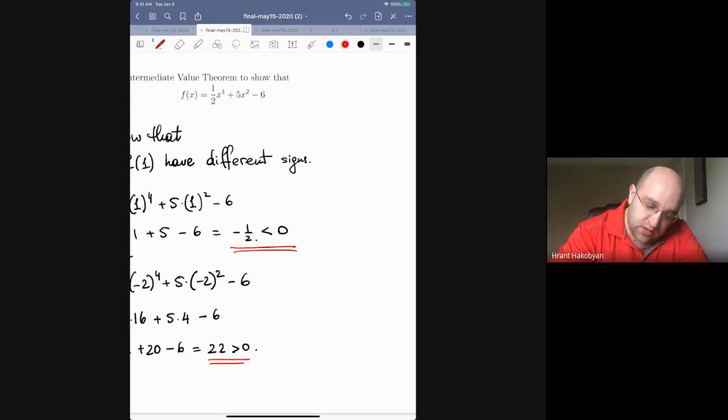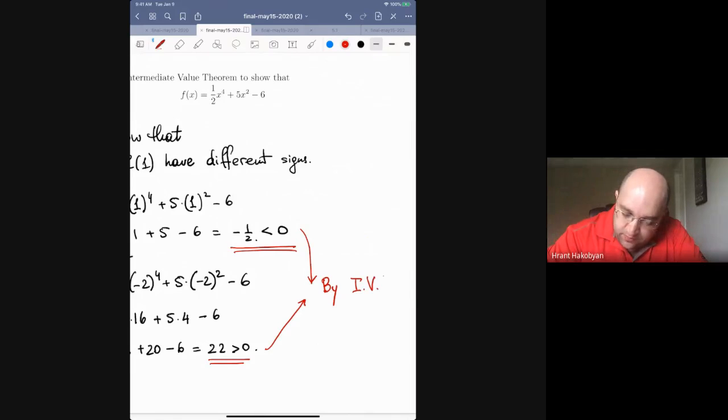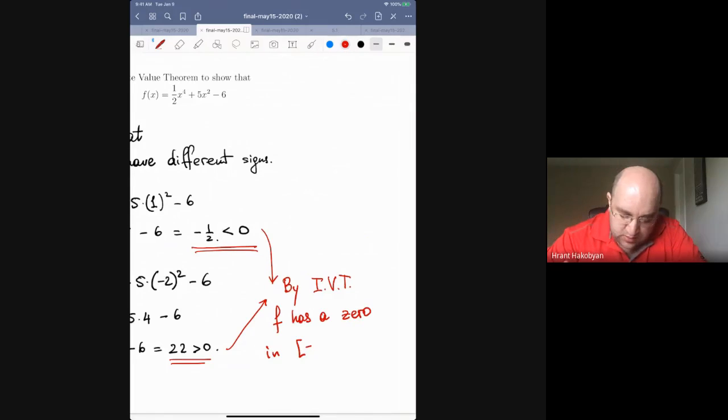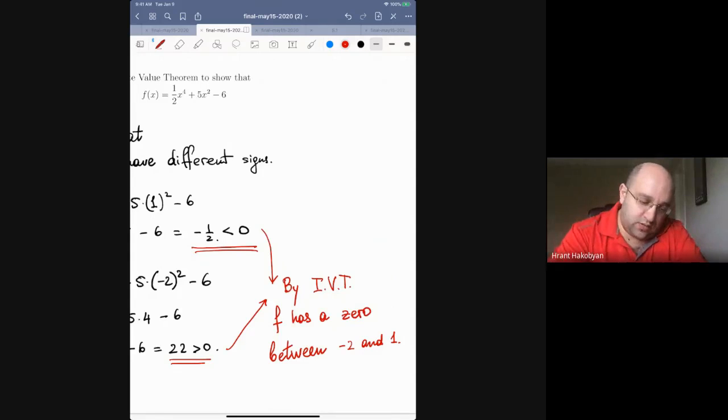So these two together tell me that by the intermediate value theorem, f has a 0 in the interval between -2 and 1. Okay, so that's your answer.